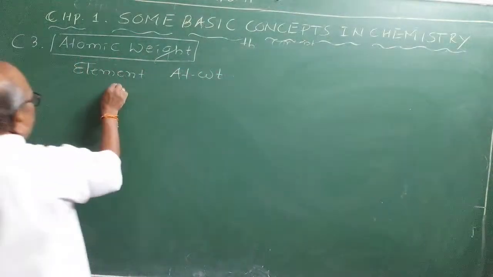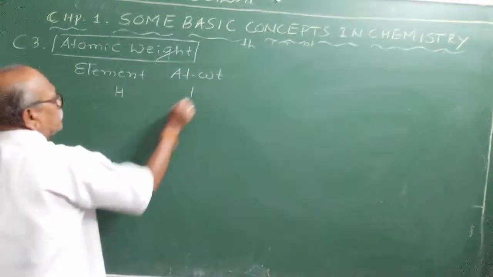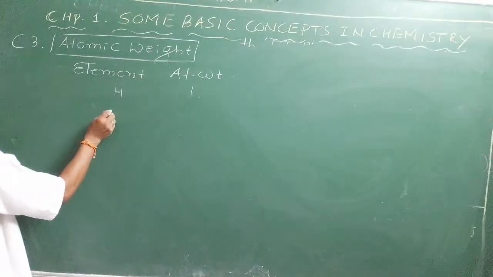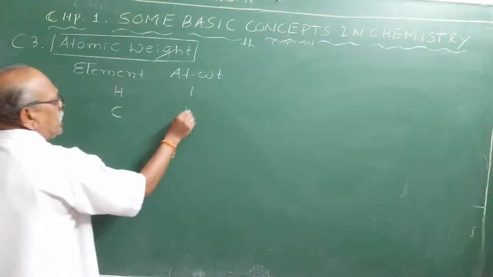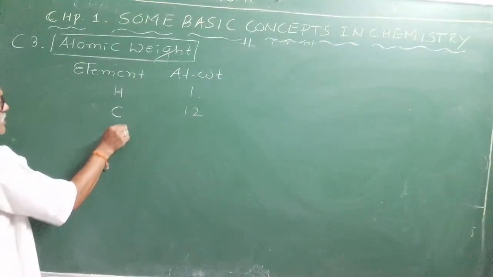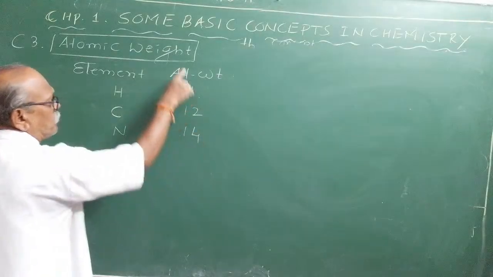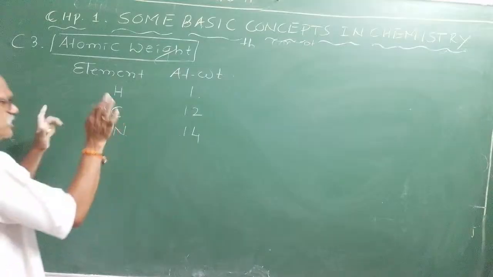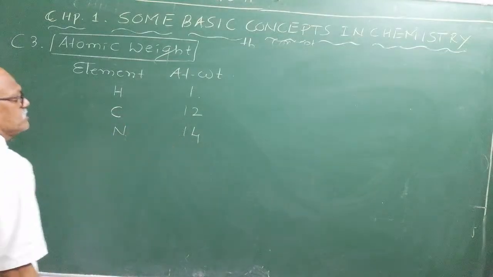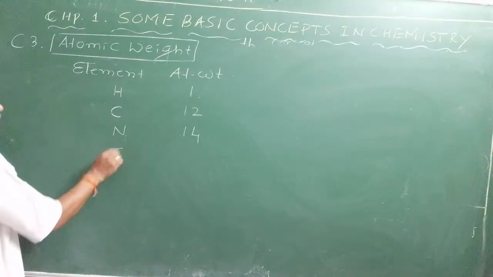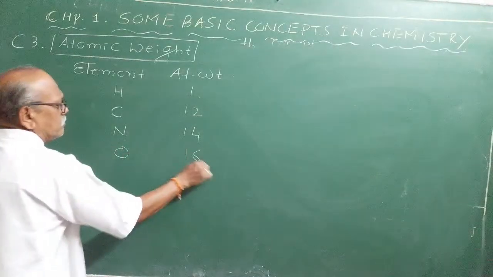Atomic mass of hydrogen is by convention taken as 1 for calculation purposes. Atomic mass of carbon is generally taken as 12. Atomic mass of nitrogen is taken as 14. Remember some important elements for calculations. Sometimes they will give, sometimes you must know. Oxygen is taken as 16.